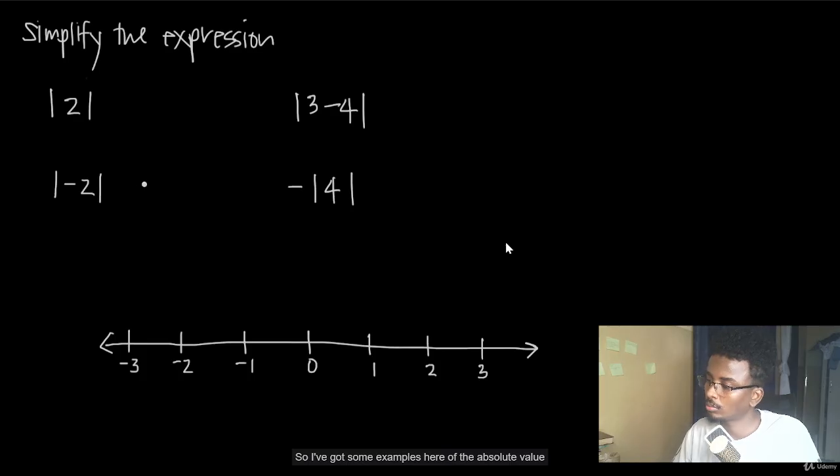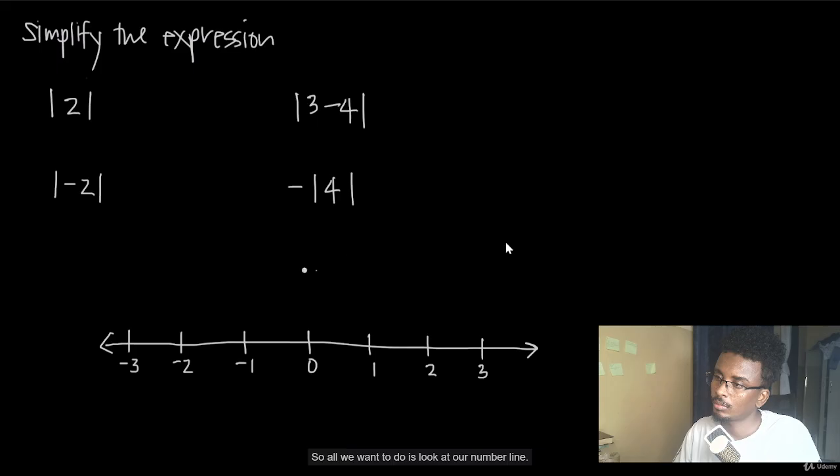So I've got some examples here of the absolute value of different expressions. This first one is the absolute value of 2. So these two lines are called absolute value brackets or absolute value bars. And what this tells us is that we're taking the absolute value of whatever's inside them. In this case, the absolute value of 2.